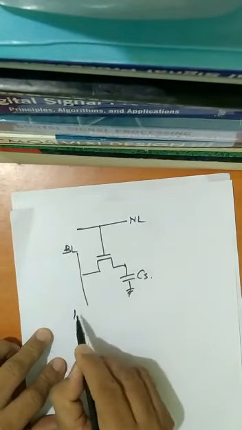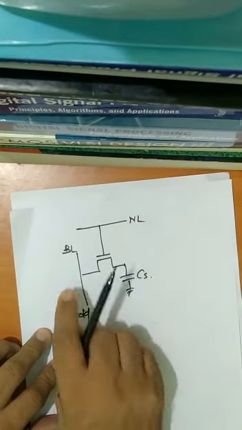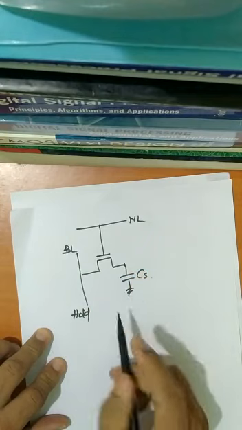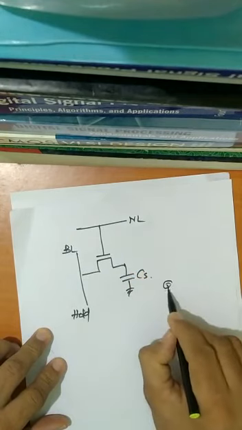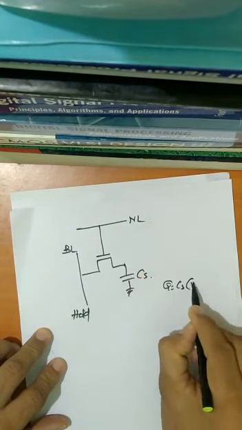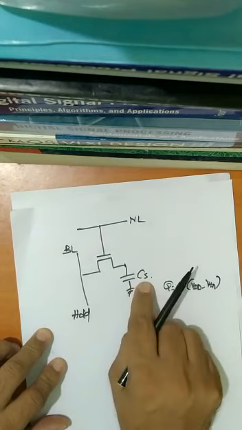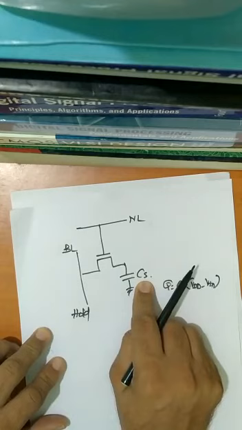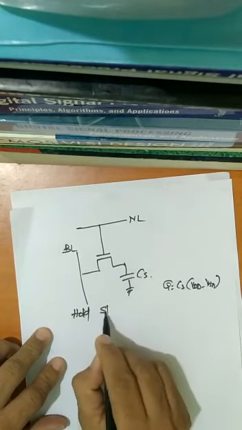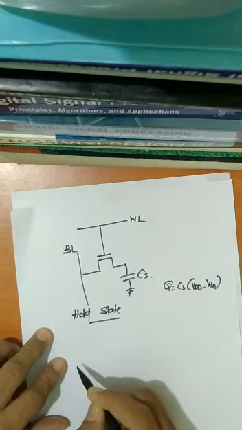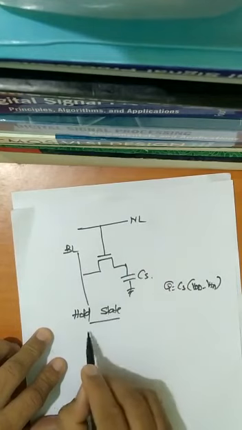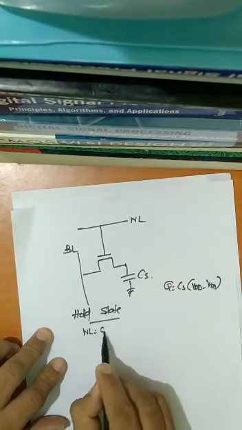For hold state, you have transferred a 1, so the maximum value is Qs equals Cs into VDD minus VT. This we have seen. You want to hold this data in this capacitance, so this is achieved by making WL equal 0.